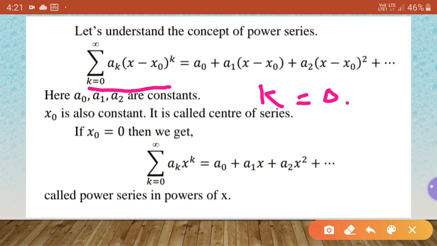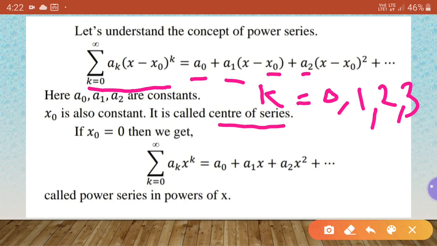Then k equal to 1, 2, 3 and so on, so we get a1 (x minus x0) plus a2 (x minus x0) whole square and so on, where a0, a1, a2 are all constants, and x0 is called the center of the series.